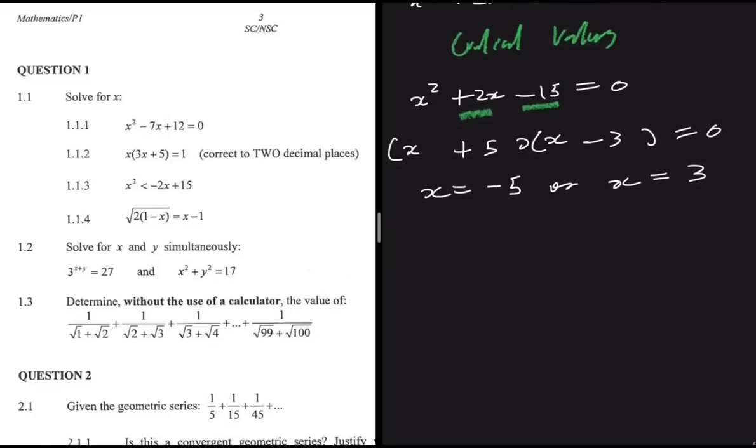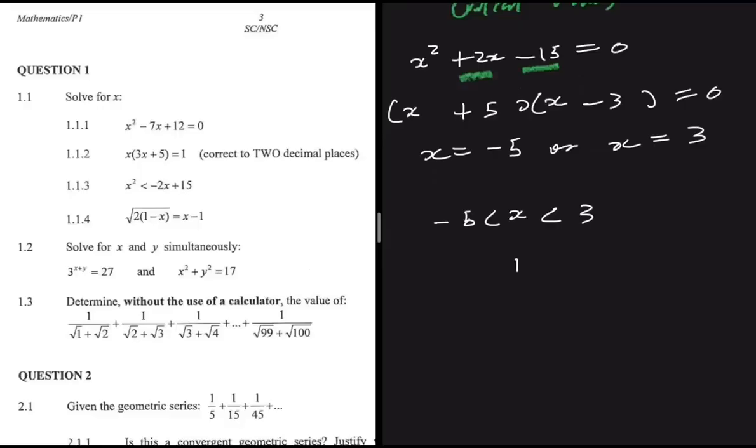So let me propose something to you. What if I say x is between minus 5 and 3? Is this the case? We cannot just conclude that that holds, right? We have to actually test it out and see if our inequality is going to be maintained. So a number between minus 5 and 3, let's go ahead and take 1, right?